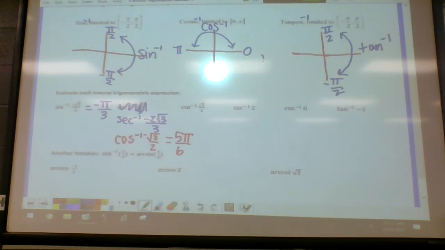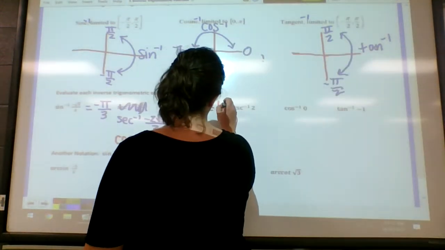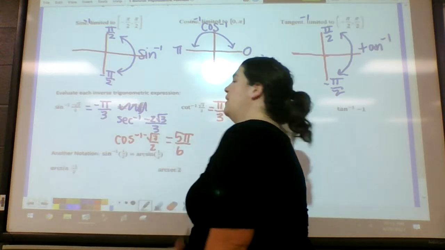And to get a positive cotangent, you have to be where both sine and cosine are positive, right? So that's going to happen in Q1. All right. So in Q1, where is the cosine of half? At pi over 3. So cotangent inverse of square root of 3 over 3 is just pi over 3.